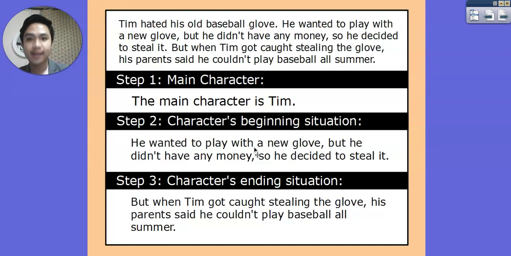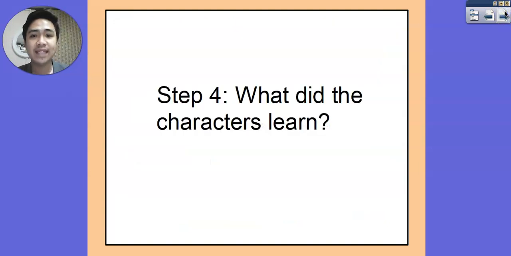Step 3, the ending situation of Tim is that he was caught stealing the glove, and his parents said he couldn't play baseball all summer. So the step 4 is, what did the character learn? Alright, let's do step 4.